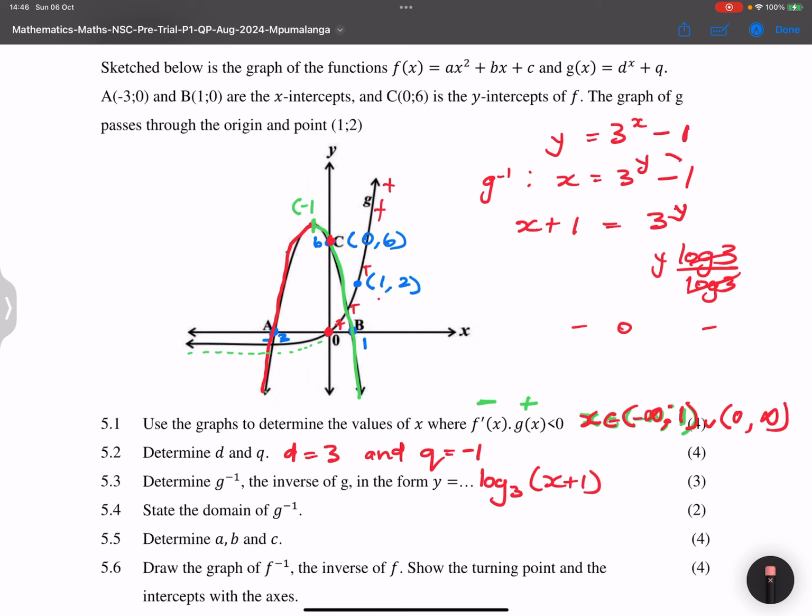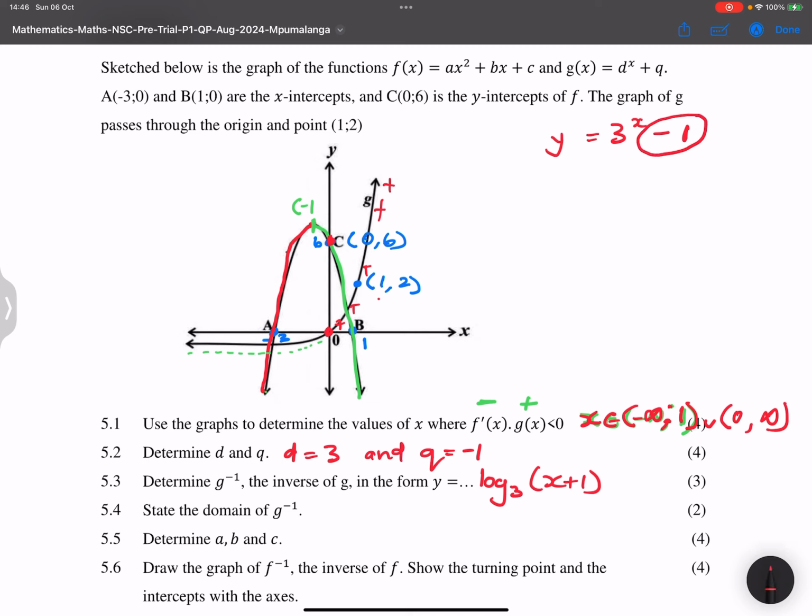So this is an exponential graph that is shifted by 1 unit down, which means it has an asymptote at minus 1, and it goes all the way to infinity. So that is the range of g.